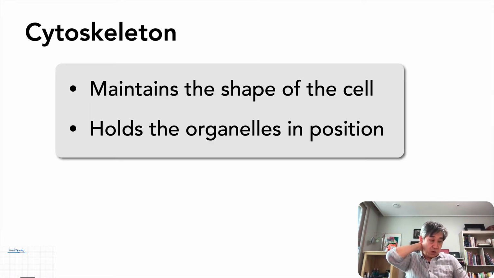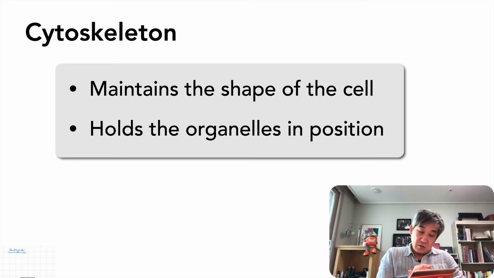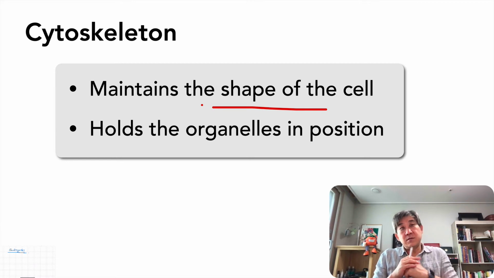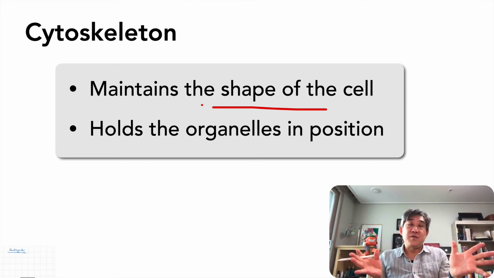So what's their function? Many functions are actually provided by this cytoskeleton system. One is maintaining the overall shape of the cell. We may take a certain shape of an animal or plant cell for granted, but especially in the case of animal cells, we don't have the rigid boundary provided by a cell wall.